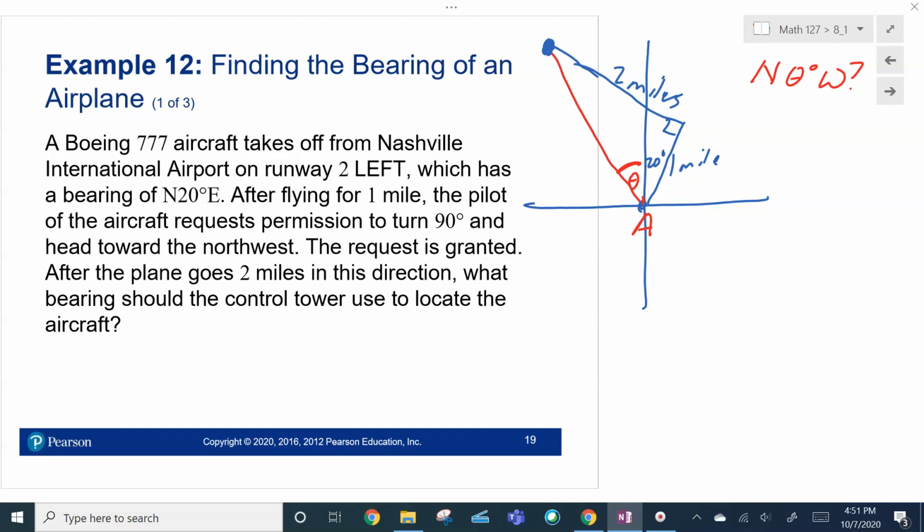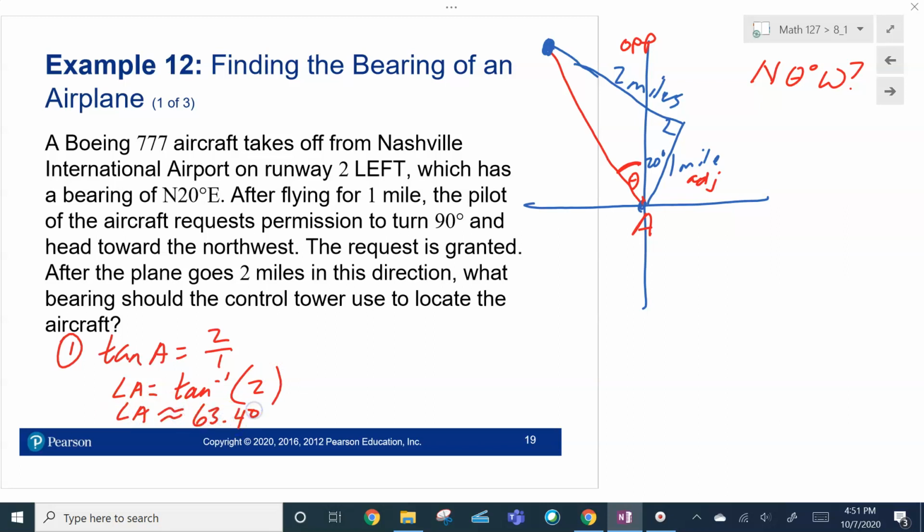With respect to angle A, I have the opposite side and I have its adjacent side. So number one, I'm going to say the tangent of A is opposite over adjacent. And then I'm going to take the arctangent on both sides. So angle A is the arctangent of 2 over 1. And I punch that in, and I get 63.4 degrees.